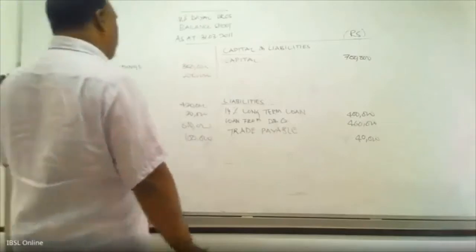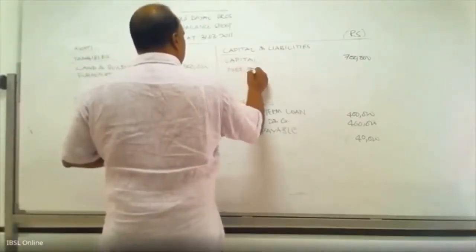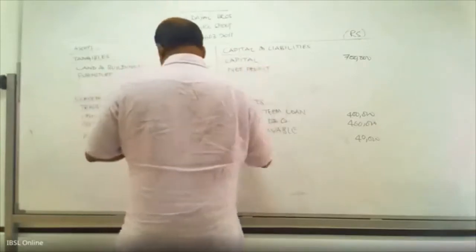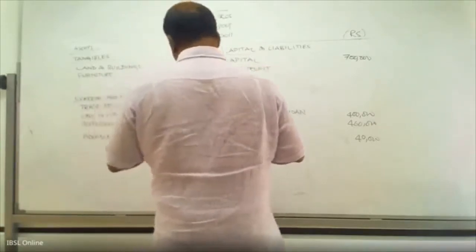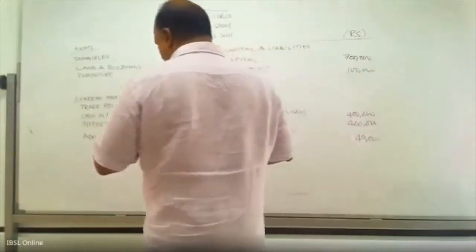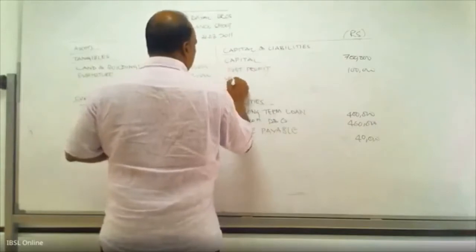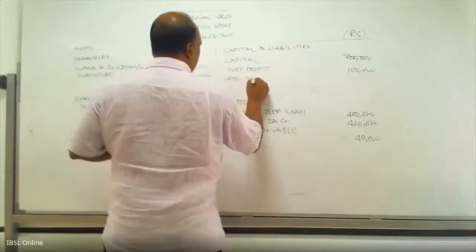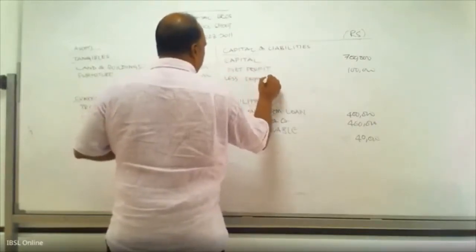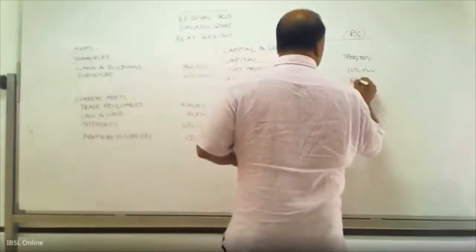Then you have net profit of 100,000 and less drawings of 60,000.